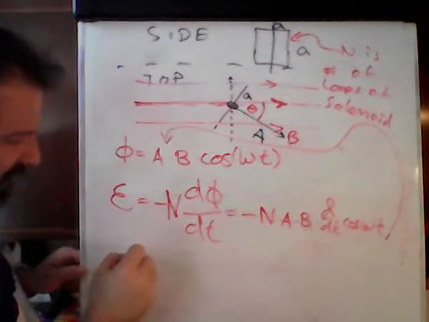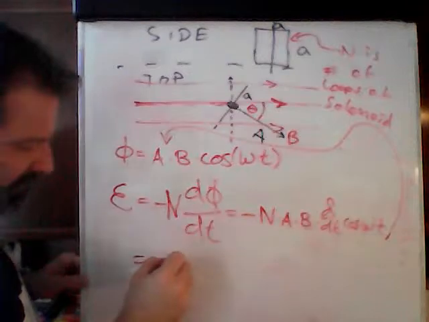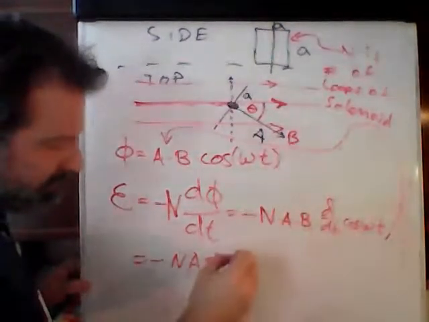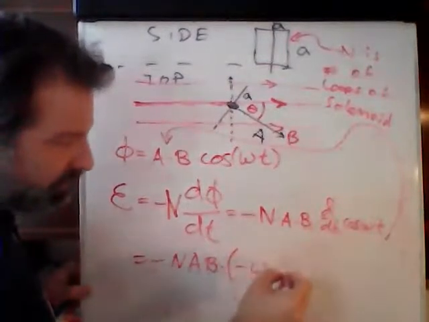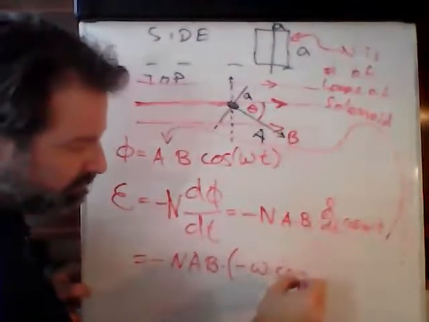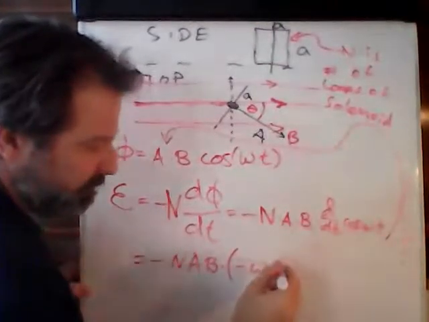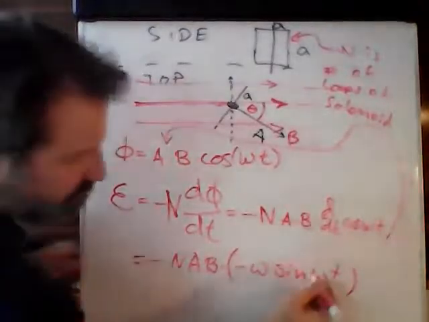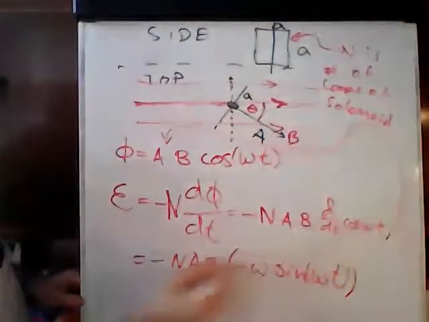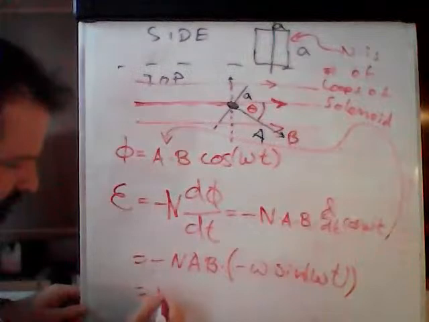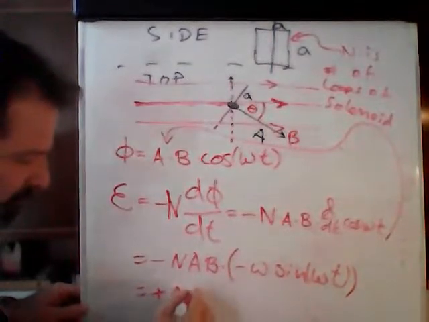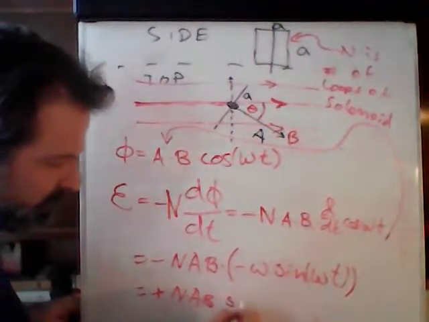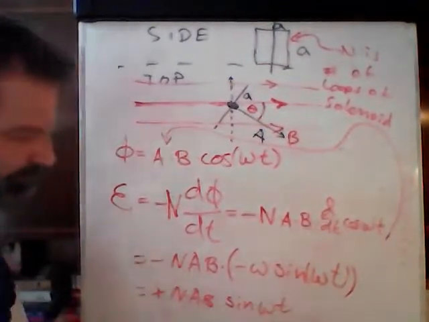So we get minus NAB times minus omega sine omega t. If we write that all out, the minuses cancel, and we get plus N A B omega times sine omega t.